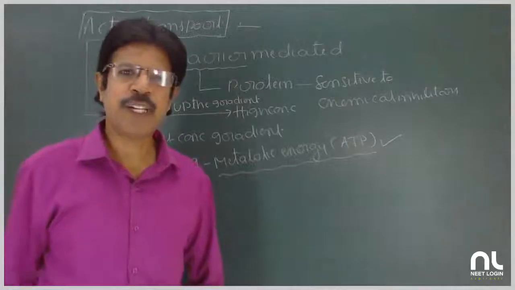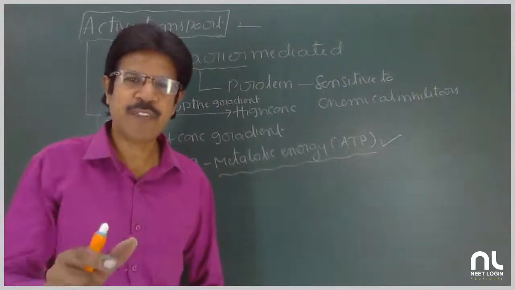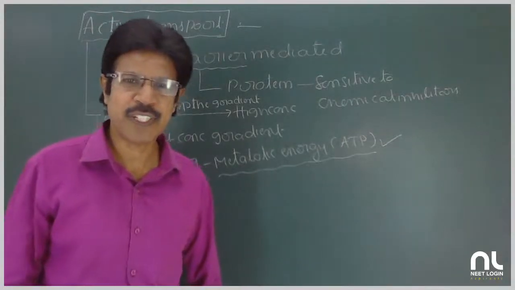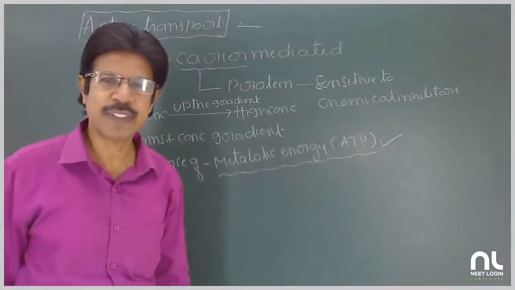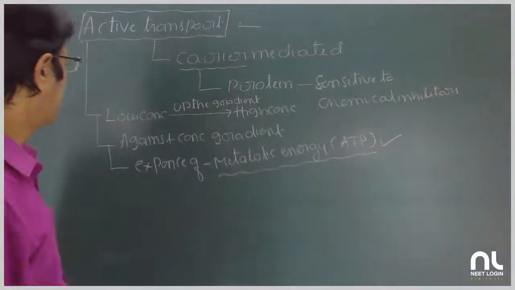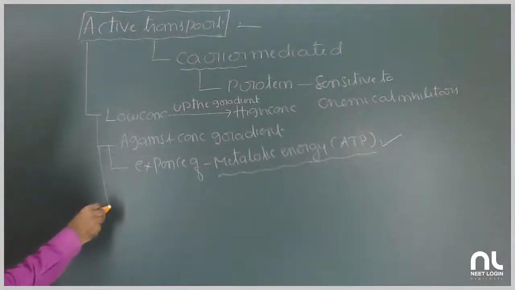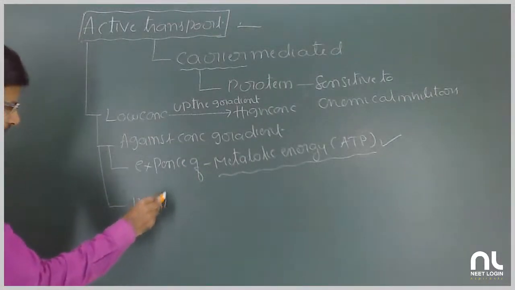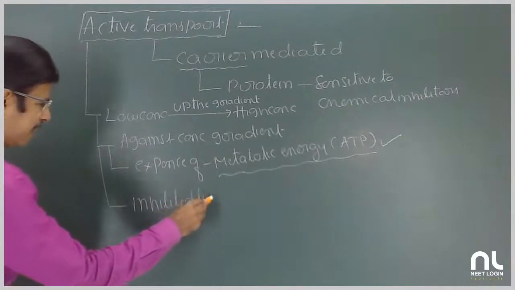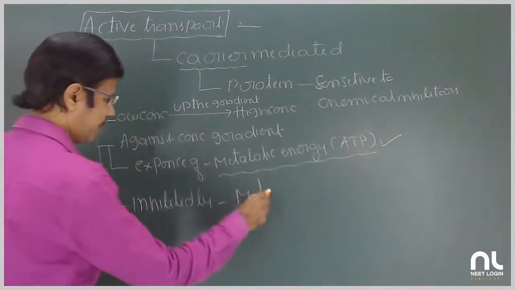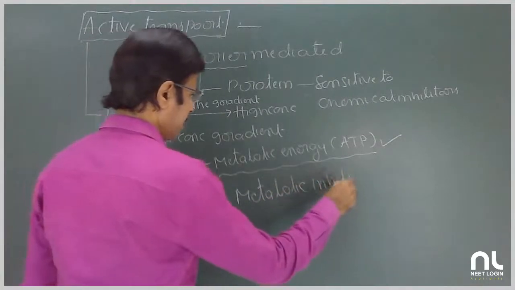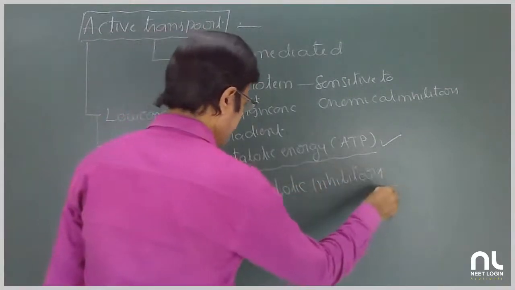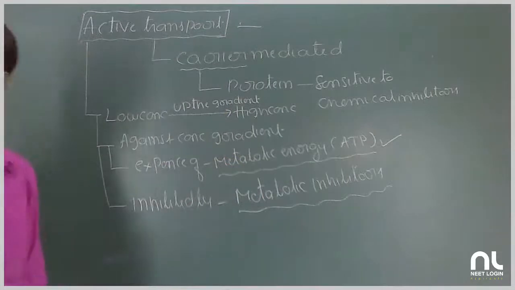Suppose you use a metabolic inhibitor, which is going to affect metabolism, and which process is going to be affected? Active transport is affected. So active transport is inhibited by metabolic inhibitors, right or wrong?